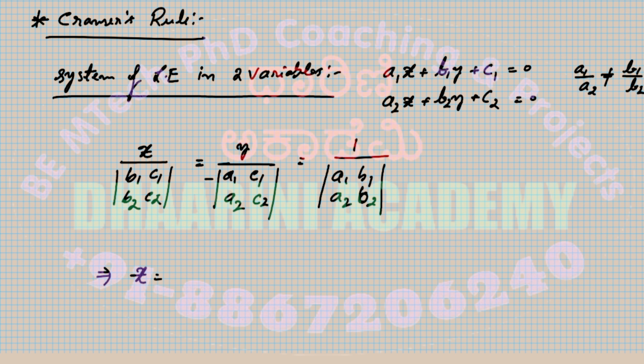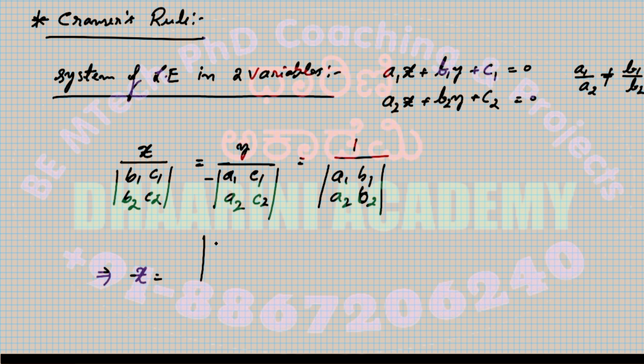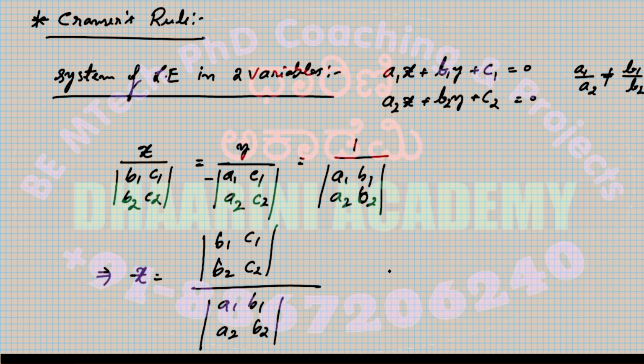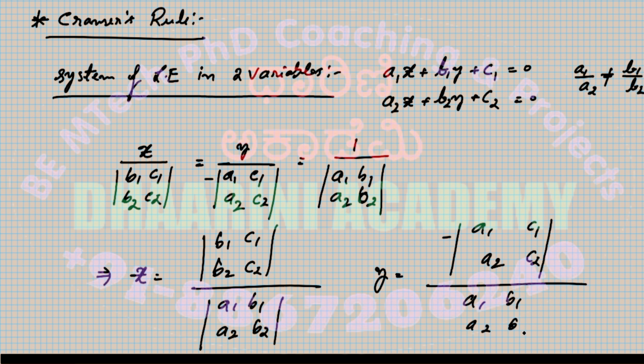So x is the determinant of b1 c1 b2 c2 divided by the determinant a1 b1 a2 b2. Similarly, y is equal to the negative determinant a1 c1 a2 c2 divided by a1 b1 a2 b2.